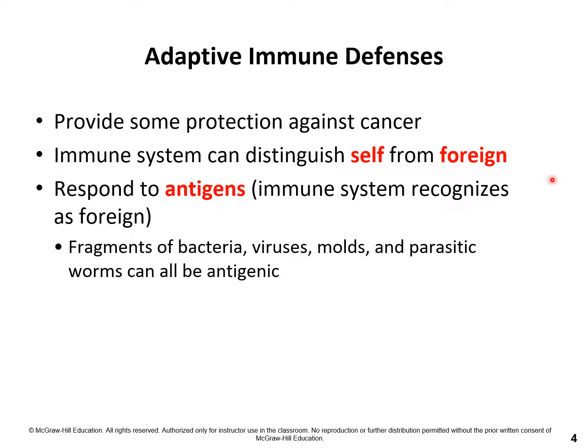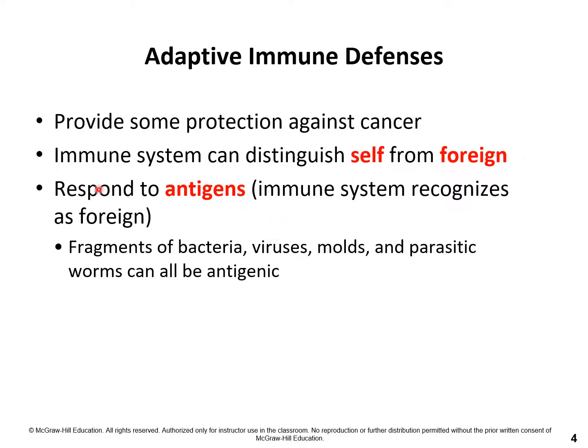And so you can imagine if there's a problem with the immune system being able to distinguish self from non-self, or self from foreign, there are disorders where the immune system starts to destroy your own body's cells, and these are autoimmune diseases, those which kill off our own cells.